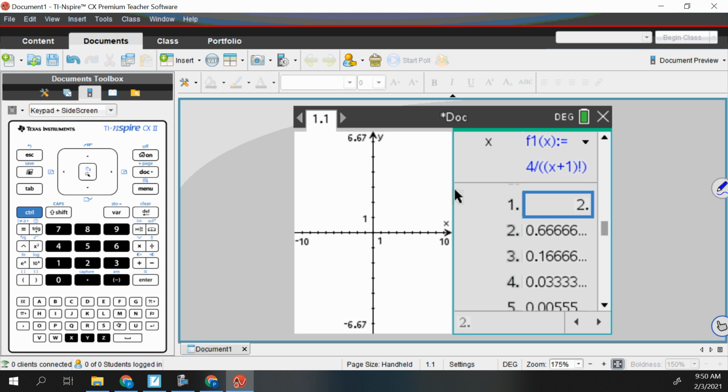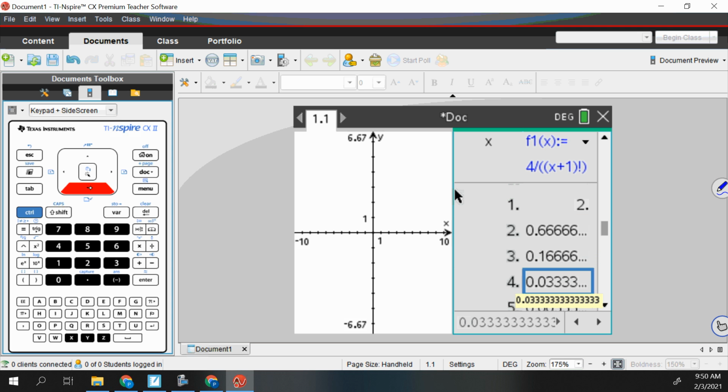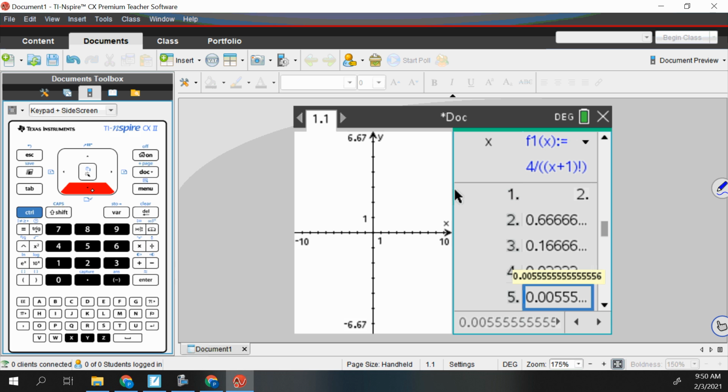So we're going to scroll through and find the first one that is less than or equal to 0.001. Now you need to be cautious because they will switch to scientific notation eventually. So look at the bottom when it's highlighted and watch out for the e's. So there's 0.005, that's still too much.